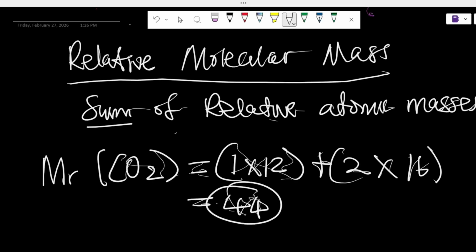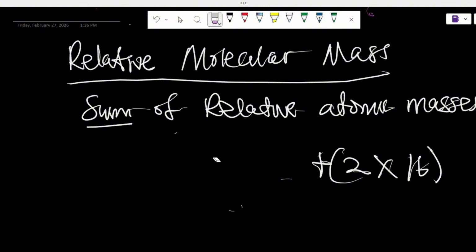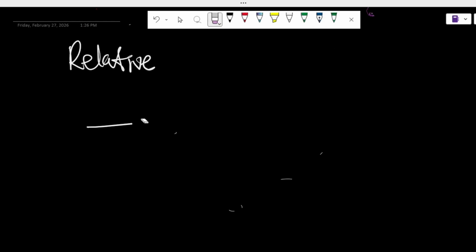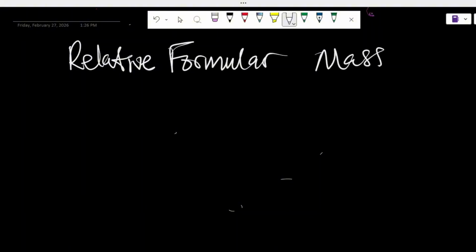So make sure that you understand how you deal with the relative molecular mass. But the last thing that we can talk about here is what we call the relative formula mass. So what is the relative formula mass? How would you say?